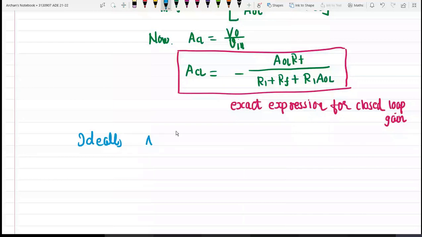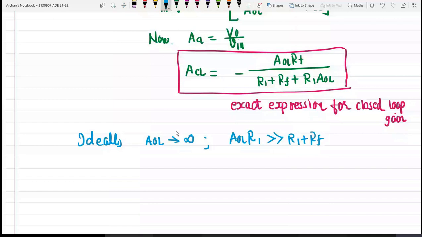So AOL times R1 will be very much greater than R1 plus RF. So you can almost neglect R1 plus RF in the denominator, because R1 times AOL is very large.